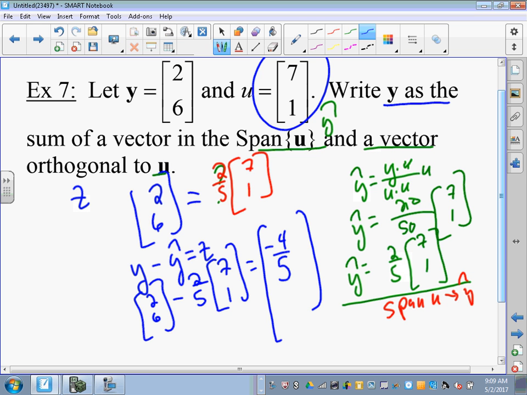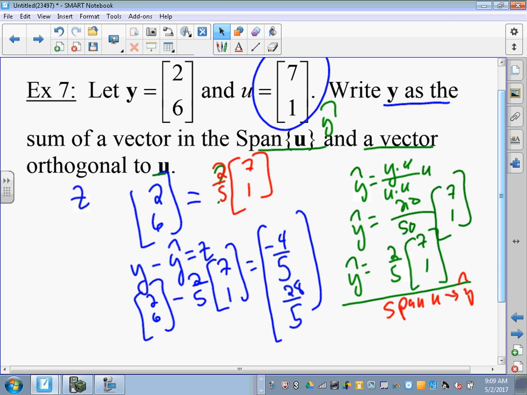And then the bottom number is 6 minus 2/5, which is 28 over 5. How can we quickly check that this is the vector that's orthogonal to u? Is the dot product equal to 0? Yes. And actually this is not that bad. That's negative 28/5 plus 28/5.